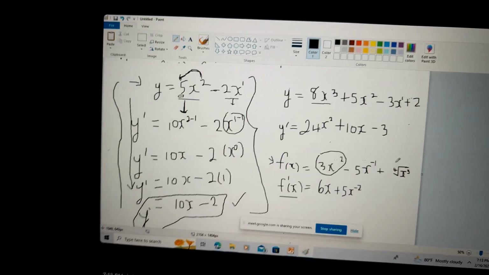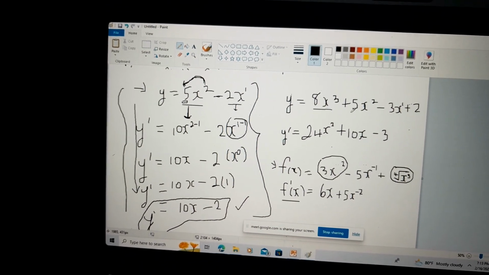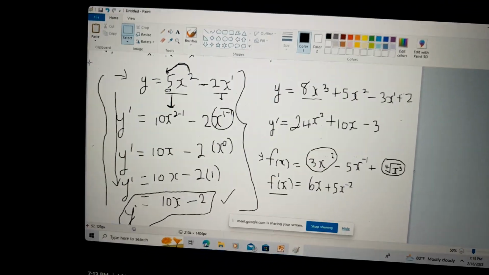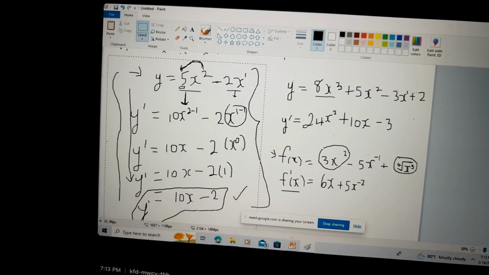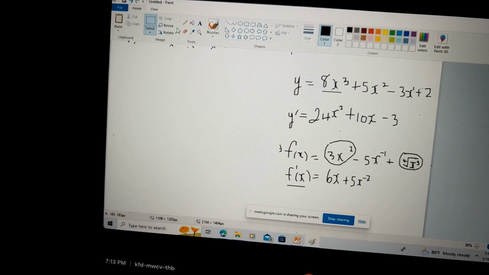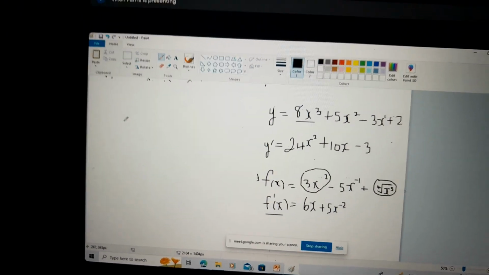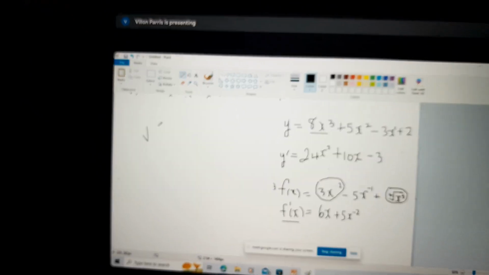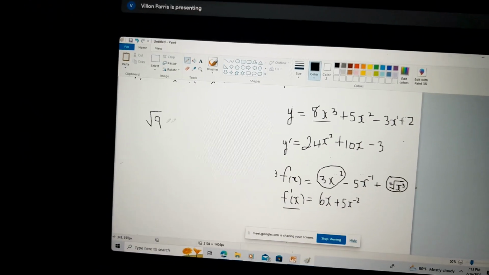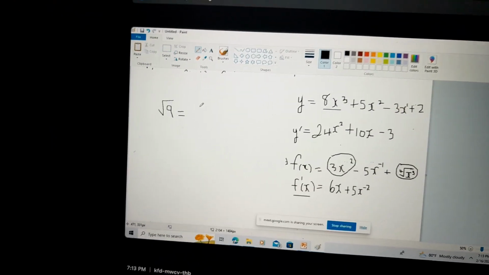Now, for this final one, we have to employ the laws of indices. Let's say we had the square root of 9. What's our answer? 3, sir. 3.